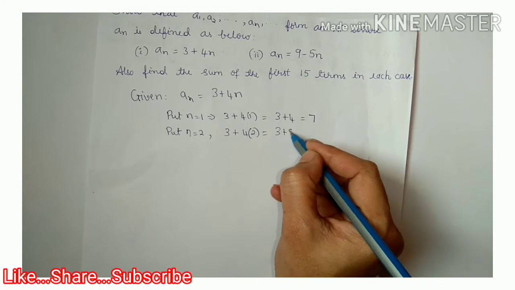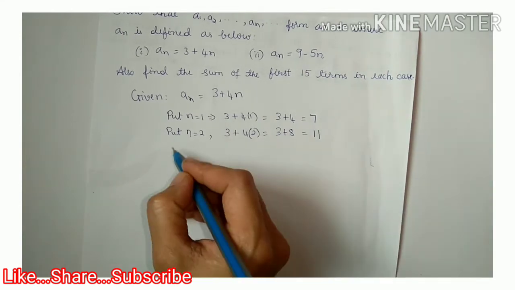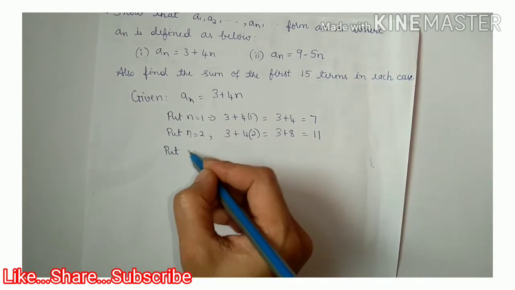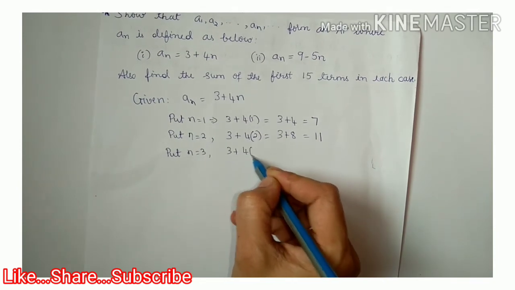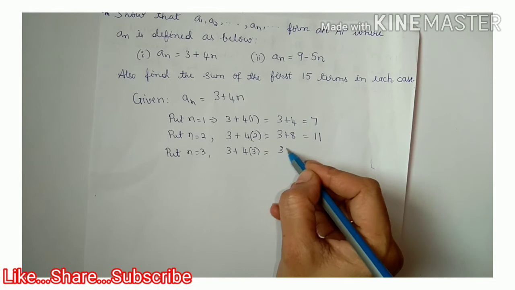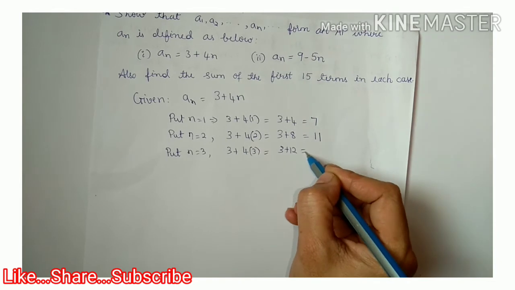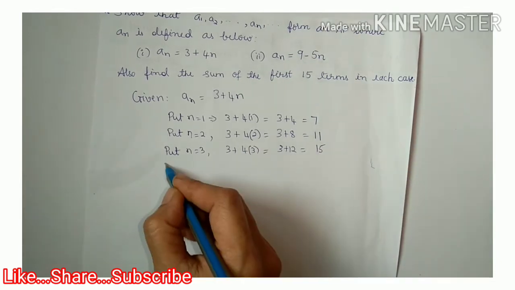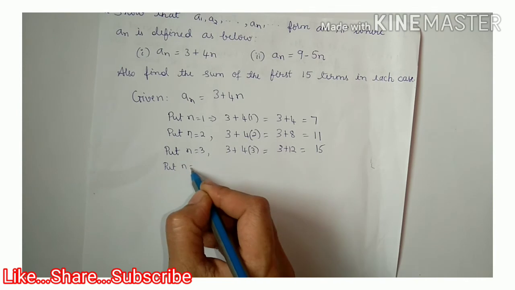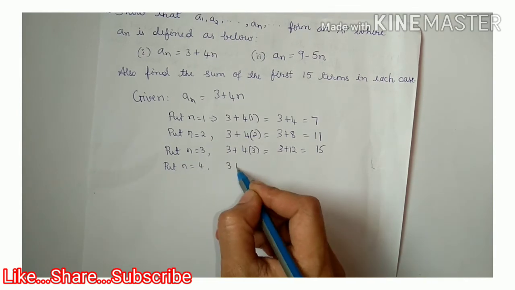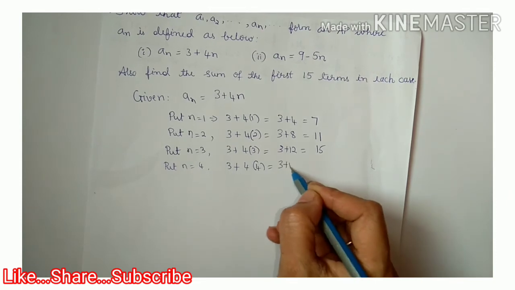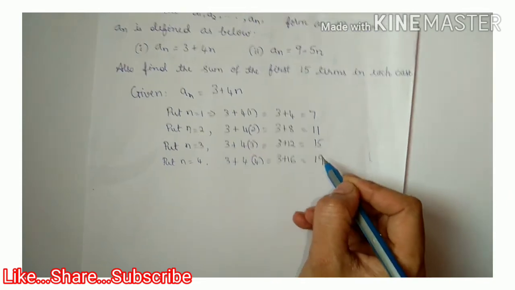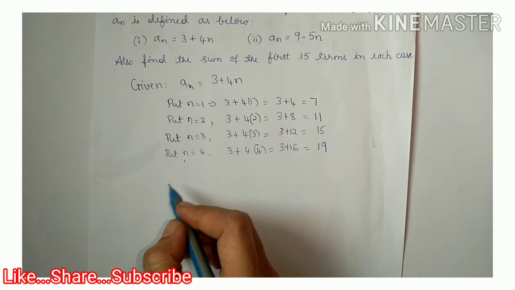3 plus 8, 11. Put n is equal to 3: 3 plus 4 into 3, 3 plus 12, 15. Put n is equal to 4: 3 plus 4 into 4, 3 plus 16, 19, and so on.